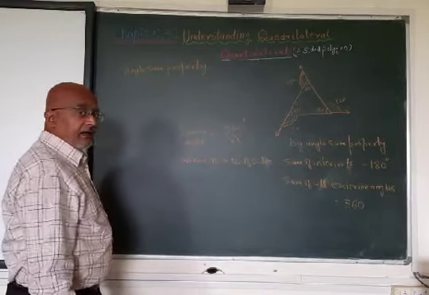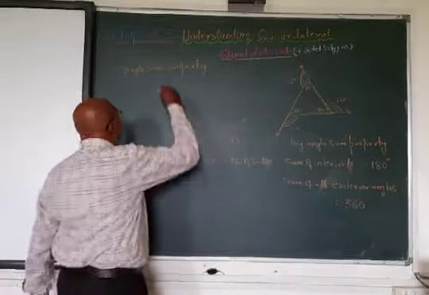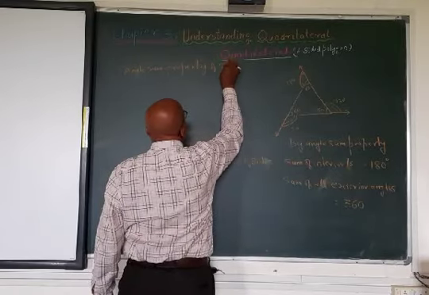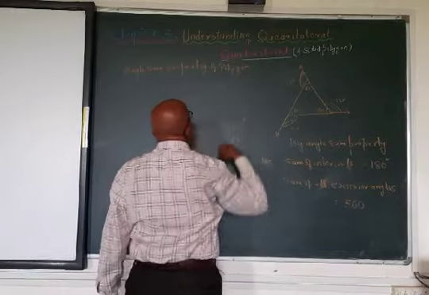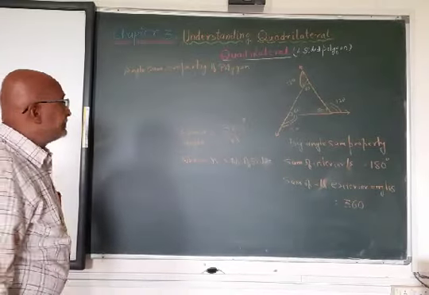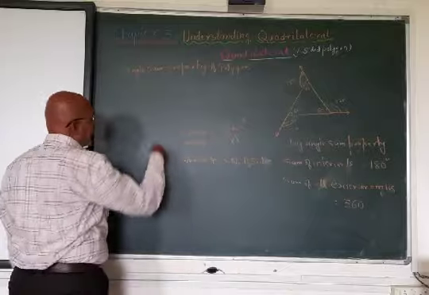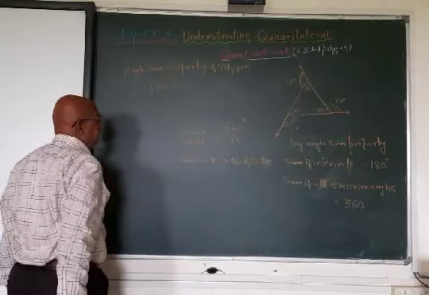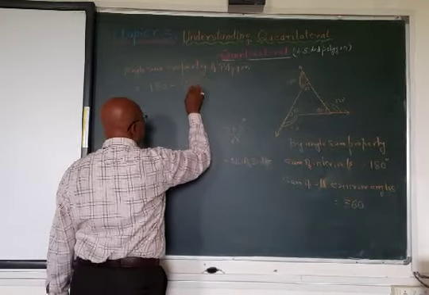So for any polygon, interior angle equal to 180 minus 360 upon n.